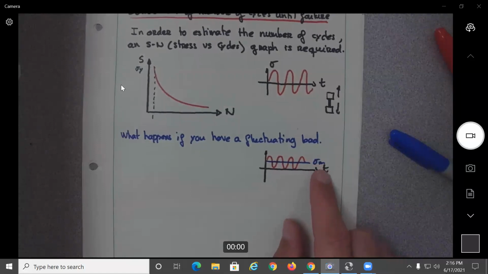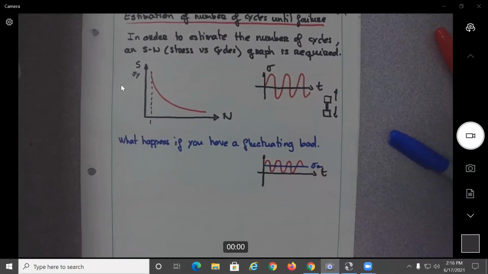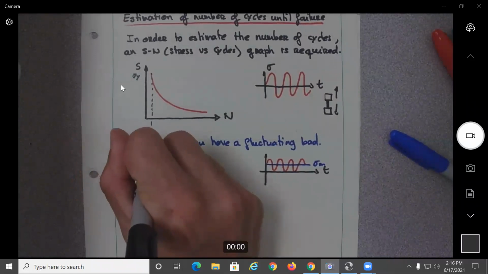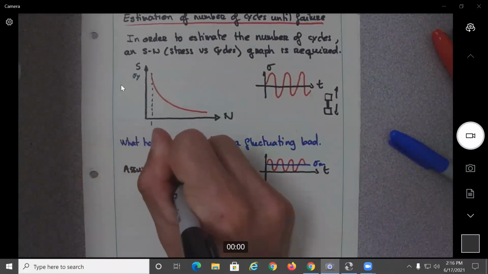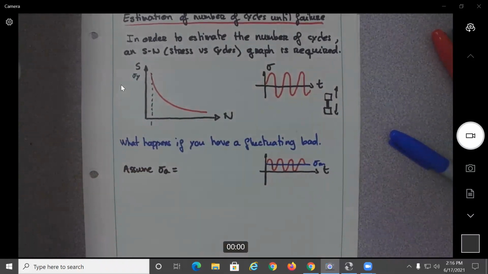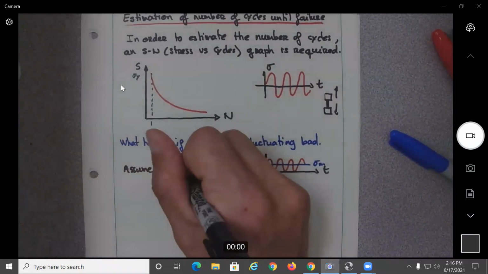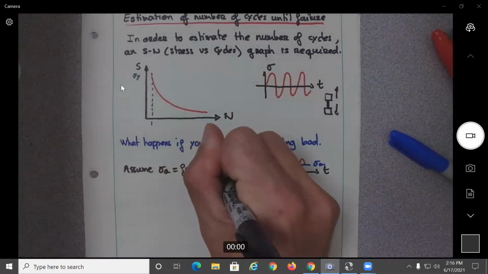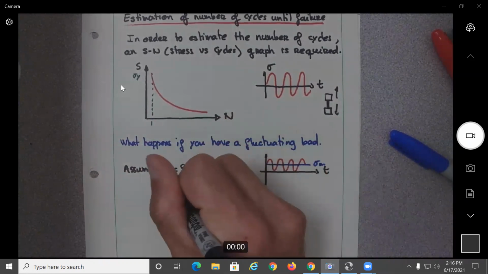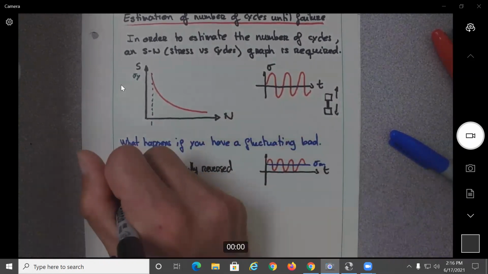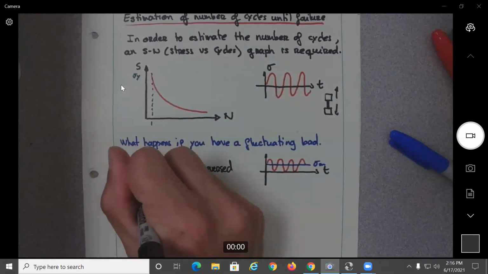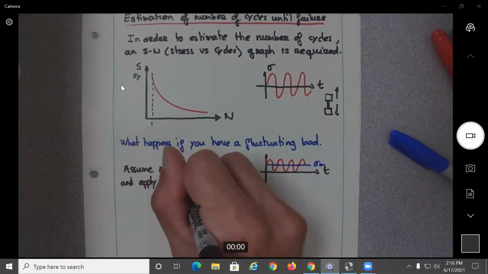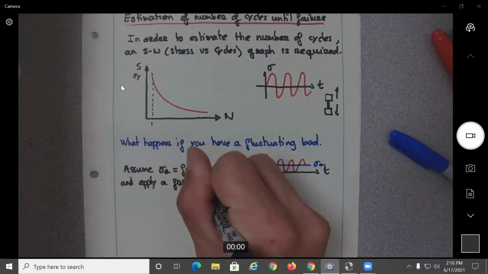Okay, so this is when you generally assume your alternating stress to be like a fully reversed one and apply a factor of safety.